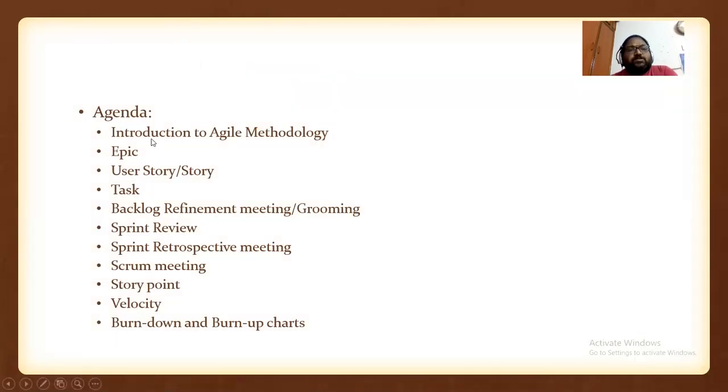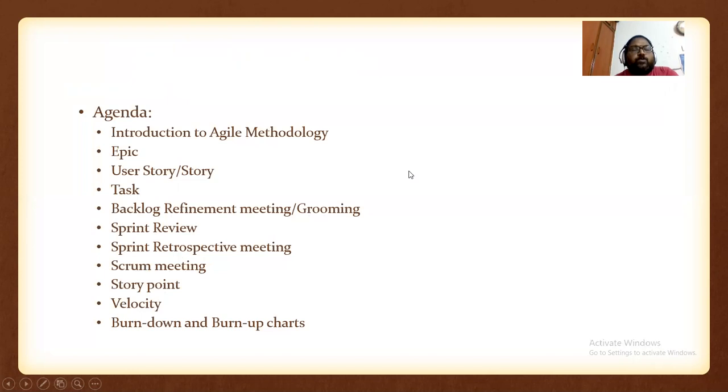The agenda for this session is: introduction to Agile methodology. What is an epic? What is a user story or story? What is a task or subtask? Backlog refinement meeting or grooming, sprint review, sprint retrospective meeting, scrum meeting, story point, what is velocity in Agile methodology, burn down and burn up charts.